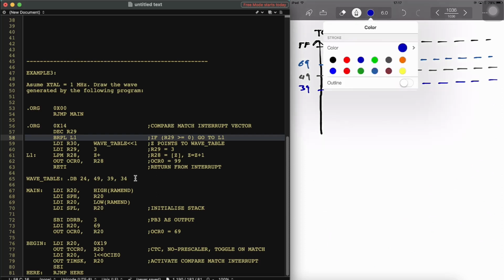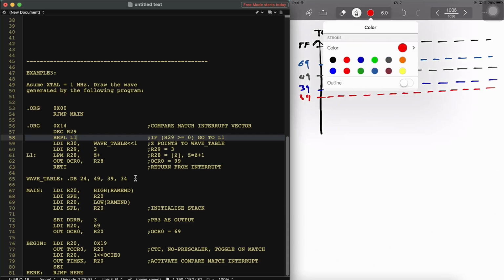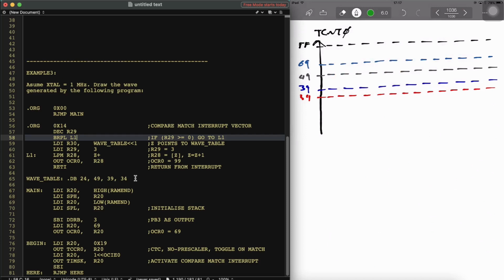And we have got 34, maybe closer than that. And we have got 24. So these are all the values that we have got in the table in total. That will be the values that the OCR is going to look at in the lookup table.